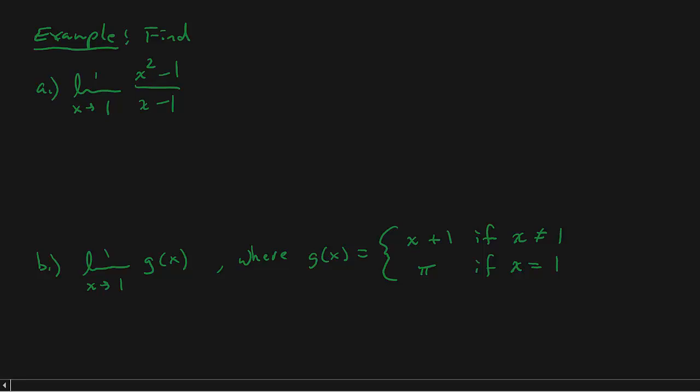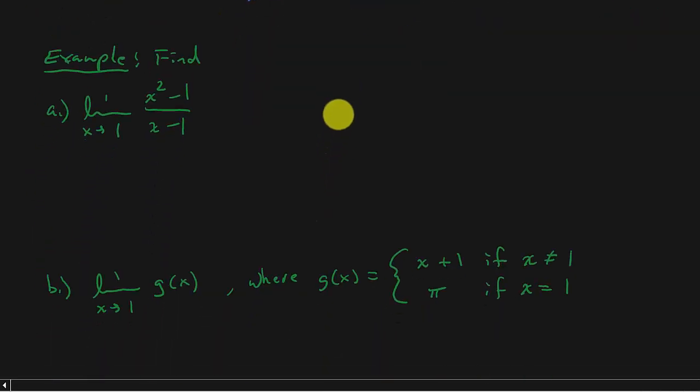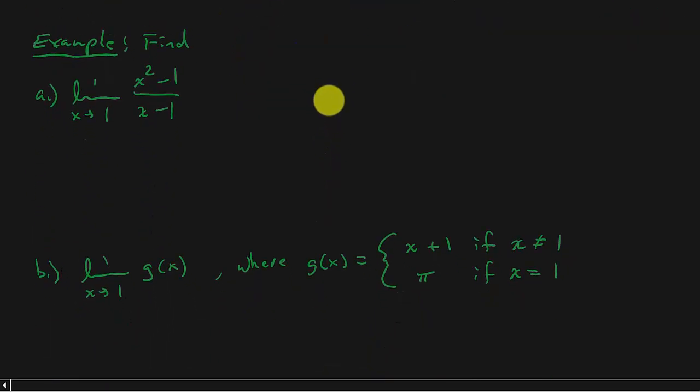All right, so now let's look at this one. Going by what we just did, and keep in mind that property that a has to be in the domain of f, and obviously we can see it's not in this problem. But let's just plug it in and see what happens. 1 squared minus 1 over 1 minus 1.